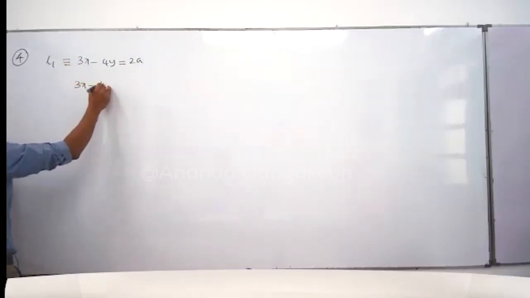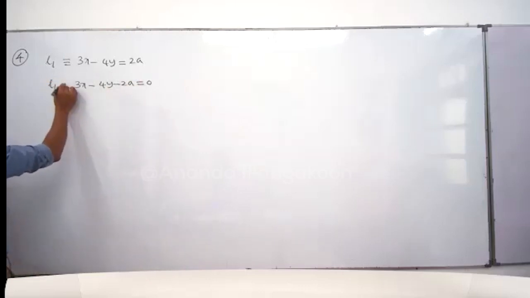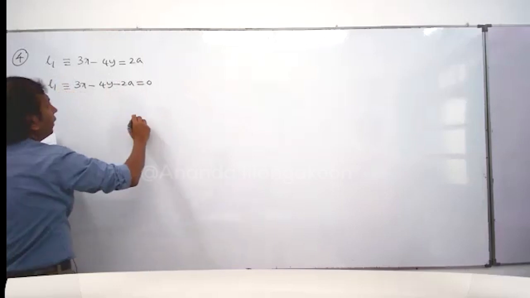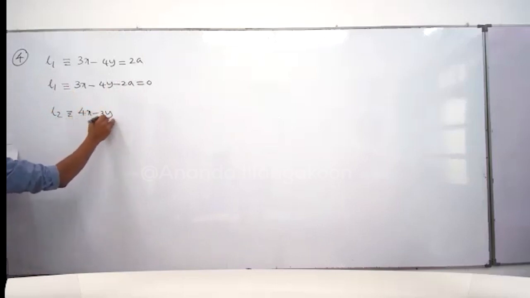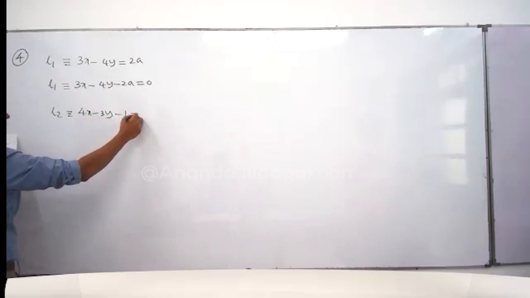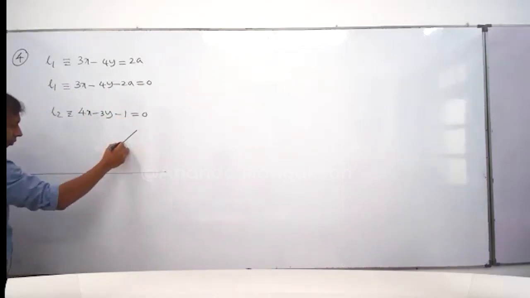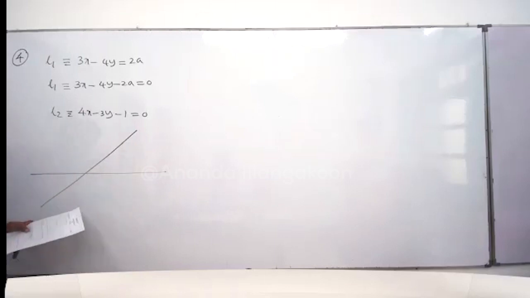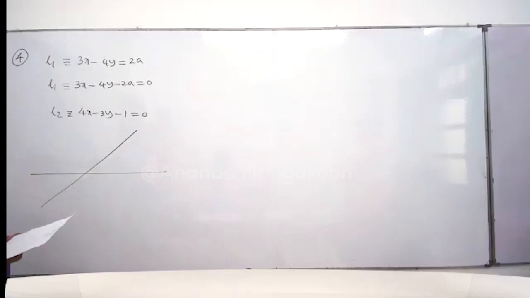I can write this like this. And L2, second line, 4x minus 3y equal 1 means 4x minus 3y minus 1 equals 0. Suppose the two lines are like this. Asking to find, write down the equations of bisectors of the angles between L1 and L2.